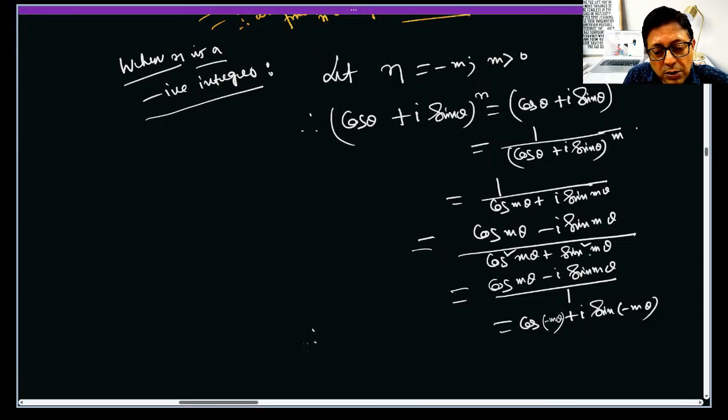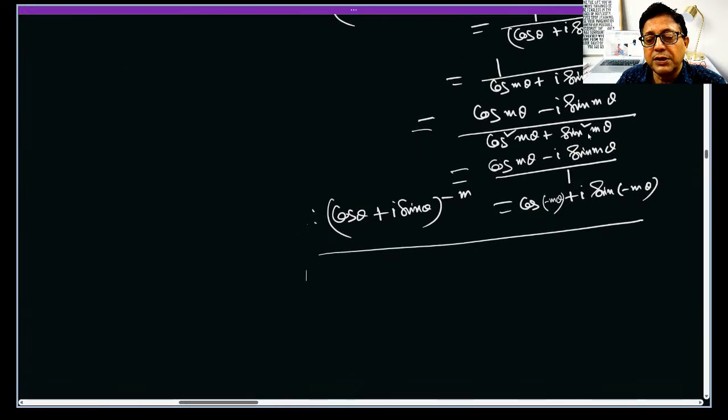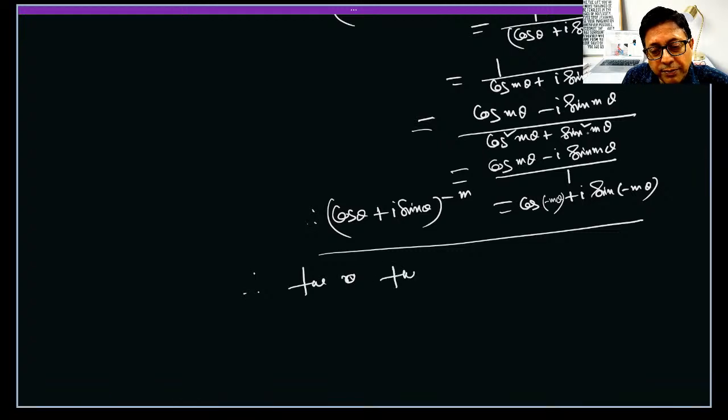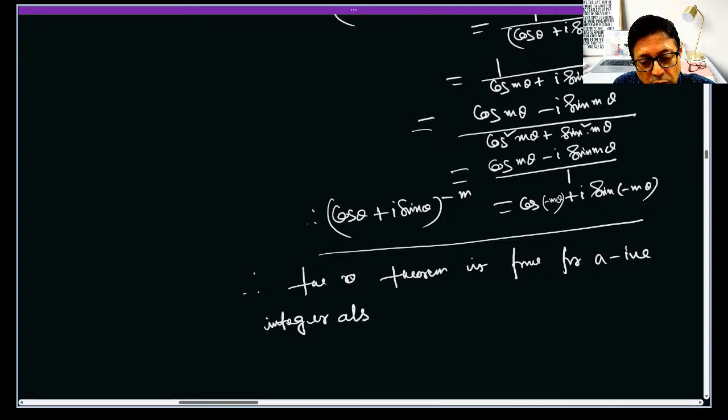So what have you got? Cos theta plus i sin theta to the power minus m is equal to cos of minus m theta plus i sin of minus m theta. So therefore the theorem is true for a negative integer also. All right.